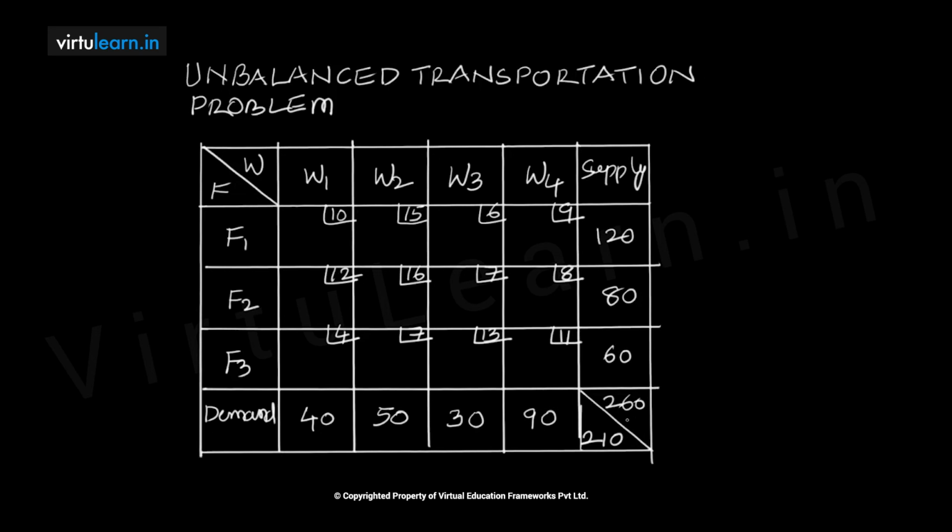So we assume that there is a dummy warehouse WD whose transportation cost will be zero. Actually we are not going to transport units from factory 1 or factory 2 or factory 3. They will remain there only, which we assume to be a dummy warehouse. So we will convert this into a balanced problem.